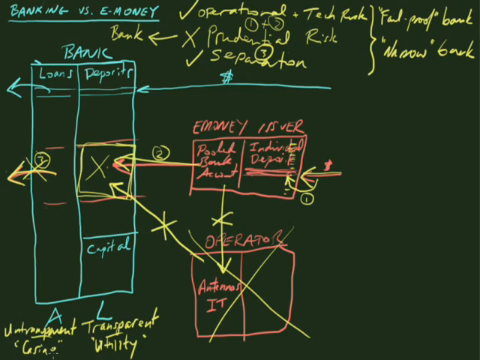By not letting the e-money issuer do the untransparent, casino-like functions of banking, that's how we make sure that we can allow these non-banks to do some of banking and still have a well-functioning banking system. This is not a call for unlicensed e-money issuance.